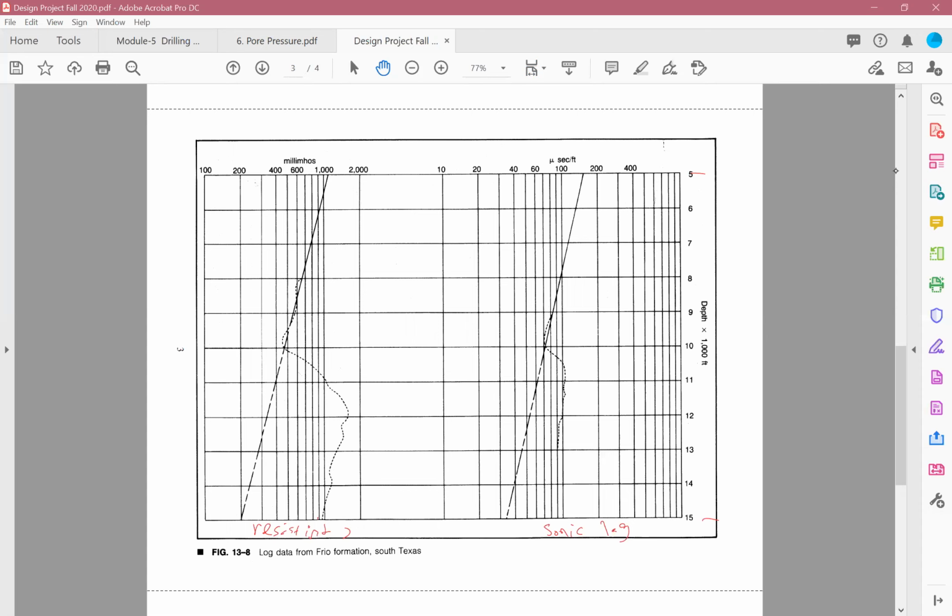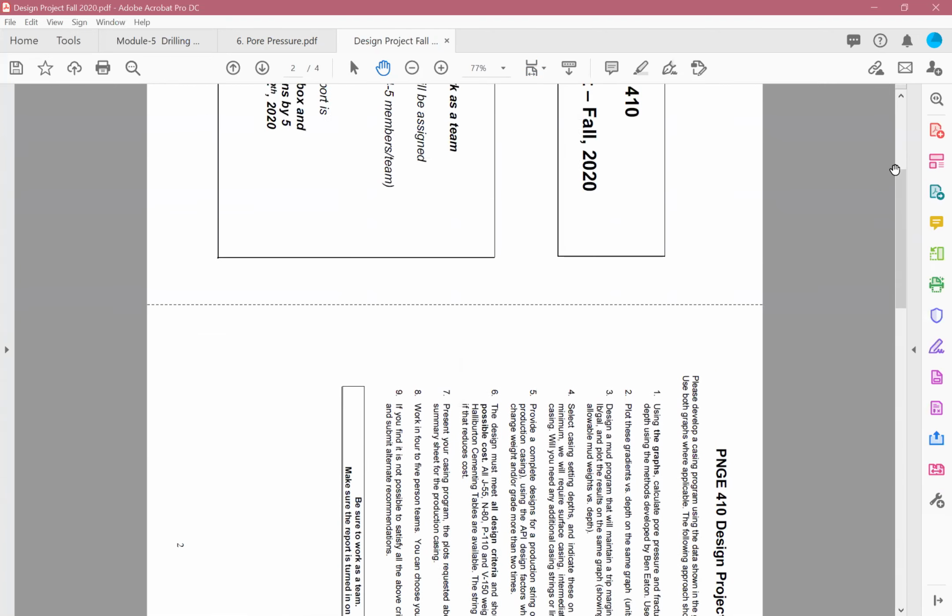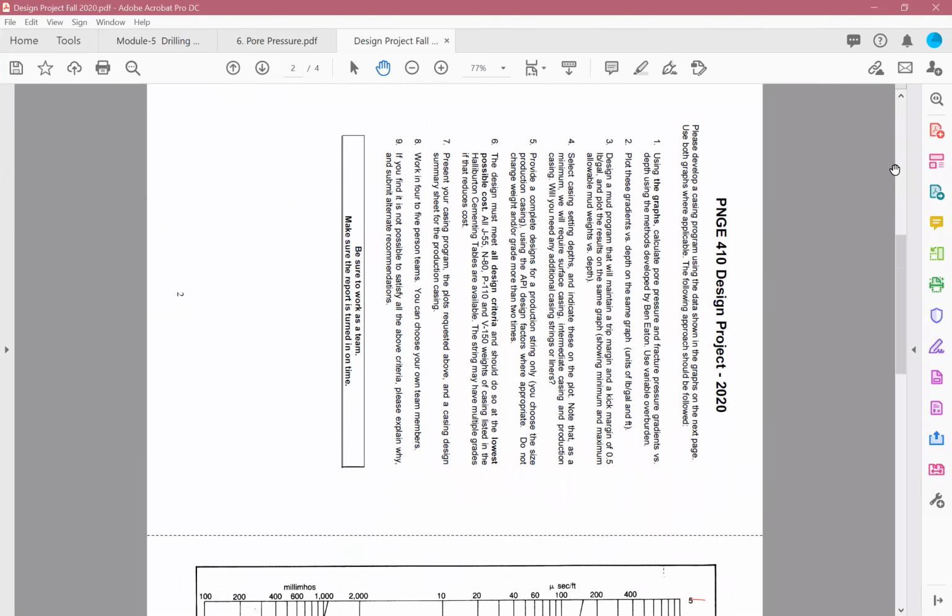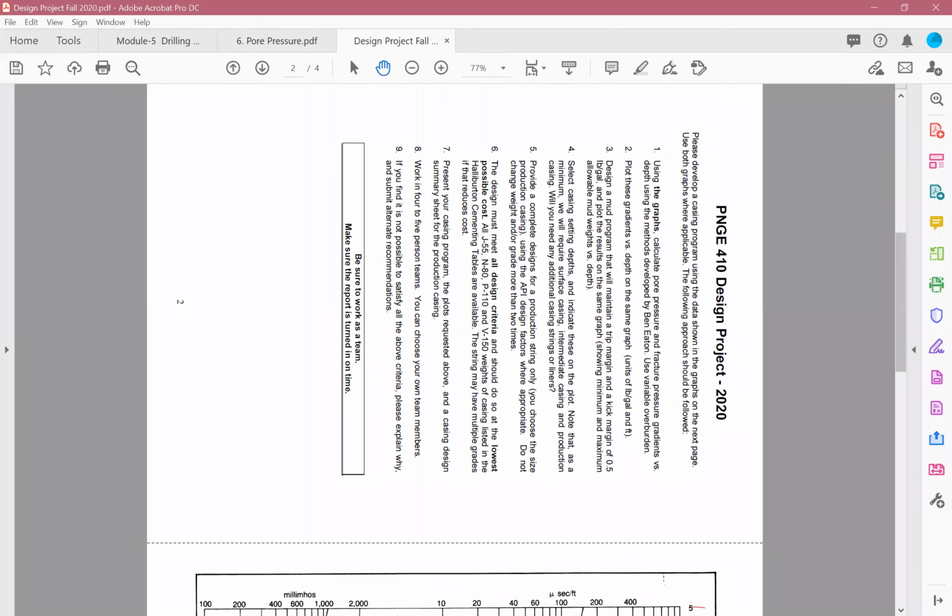Okay, and what else would you need to do here? So this is your compaction. Let's say you want to calculate using the resistivity at 11,000 feet. What you need to do is calculate all these pressures at all the depths, especially starting from the abnormal pressure formation, because I believe the normal pressure gradient is given to you.